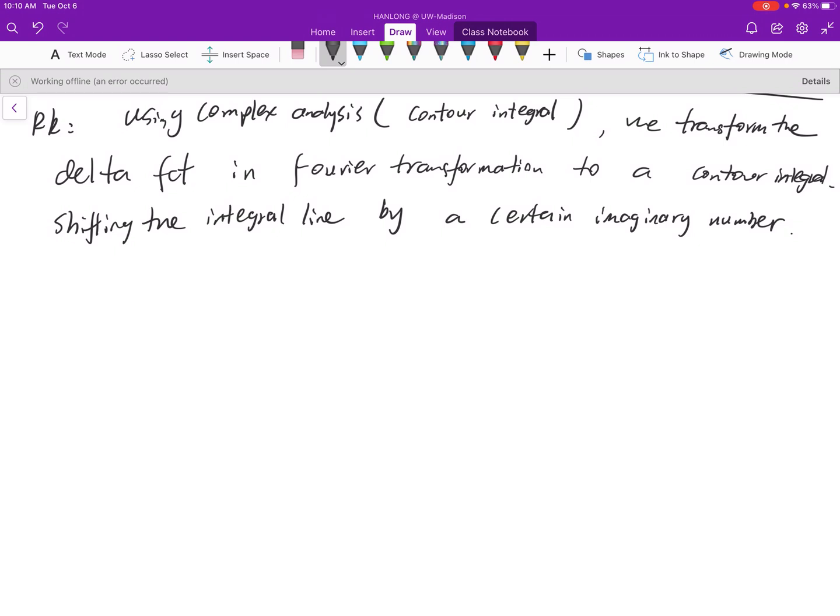If you restrict to the real world, people had a hard time understanding this until probably a hundred years after Fourier's work. Lagrange and Ehrenpreis realized that if you shift the integral line by an imaginary number, then by complex analysis methods, you are able to prove rigorously the solution of the constant coefficients completely.